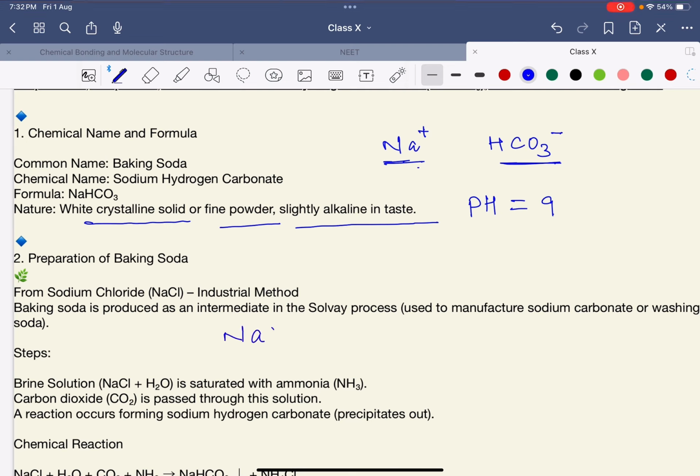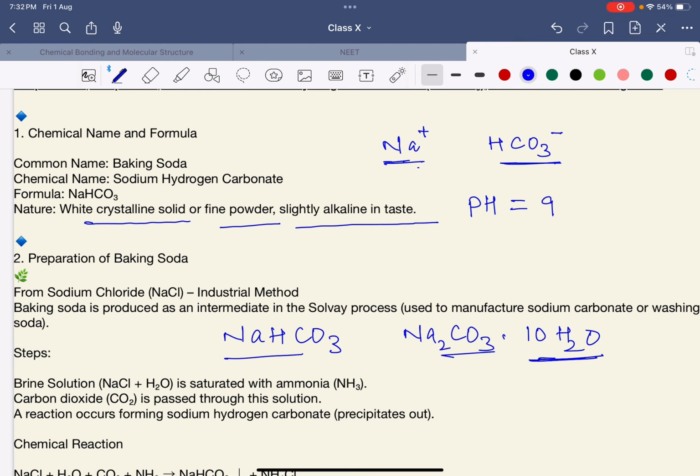NaHCO3, and washing soda is Na2CO3.10H2O. This is known as water of crystallization. So, the difference is one is bicarbonate and one is carbonate.